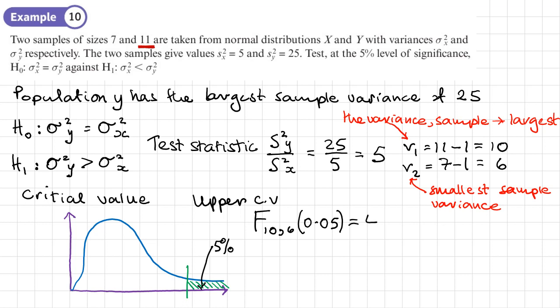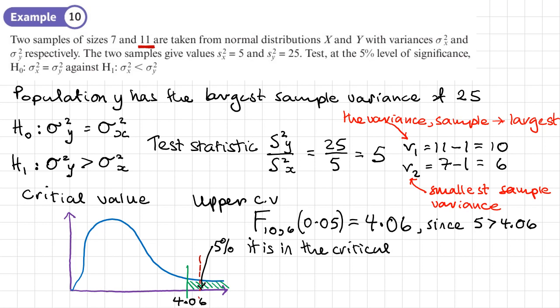And from the table, that's 4.06. So this value here is 4.06, and I've got a test statistic of 5. So 5 is in the critical region. So I'll say something like, since 5 is greater than 4.06, it is in the critical region.